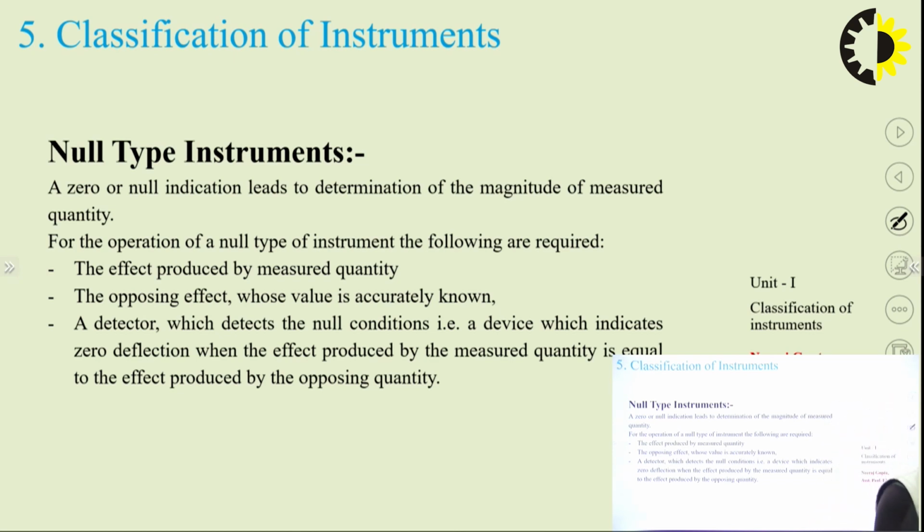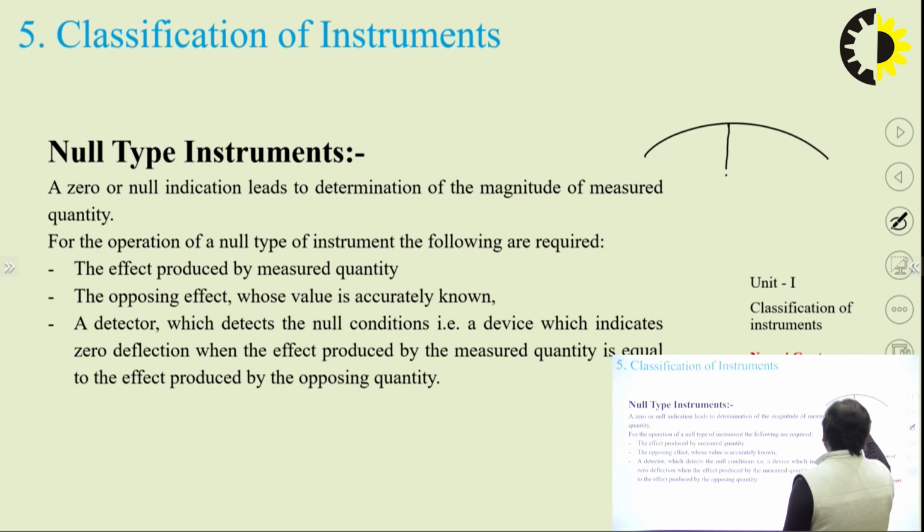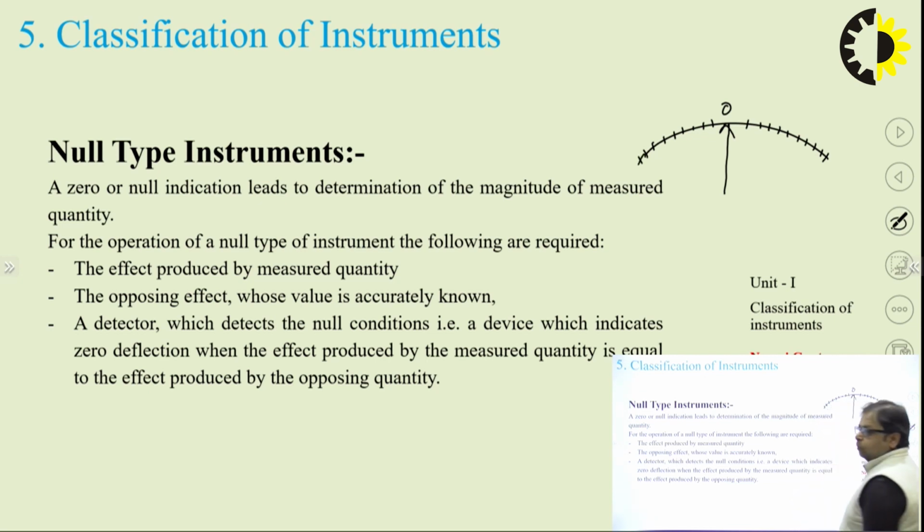Then come null type instruments. Null type instruments basically require a null indication. For example, a galvanometer. What does a galvanometer basically do? It tries to find out the null position. The scale of the galvanometer has 0 at the center point, which is the null point.